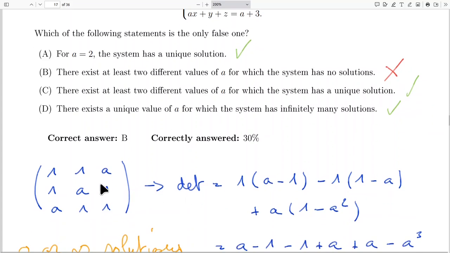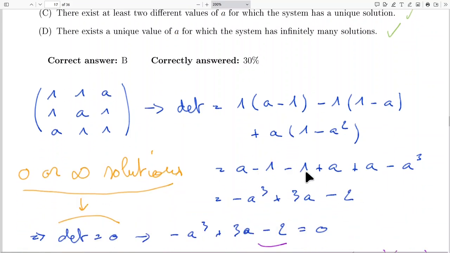So the determinant is: you cover this one, 1 times (a times 1 minus 1 times 1), and then minus 1 times (1 times 1 minus a times 1), and then plus a times (1 times 1 minus a times a), which gives you 1 times (a minus 1) minus (1 times a minus a) plus a times (1 minus a squared), or a minus 1 plus a minus a to the third, or minus a to the third plus 3a minus 2.